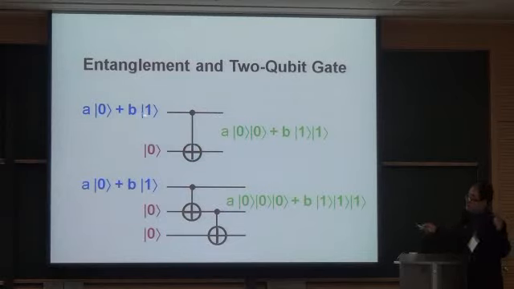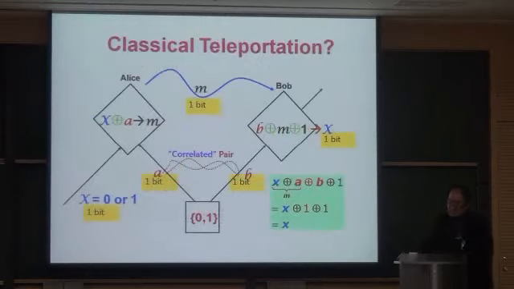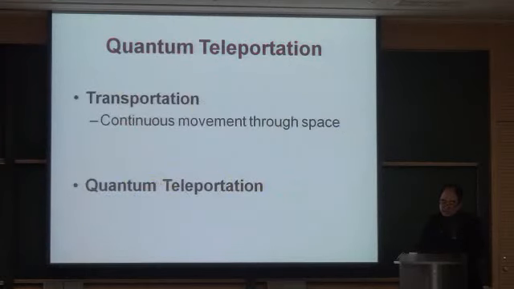But when the control is 1, you flip 0 to 1, and 1 to 0. So after this, it becomes A00 plus B11. This is not the product state of these two qubits, but they are entangled. You can entangle one more in this manner, and using this entanglement, you can do teleportation. I want to skip this.